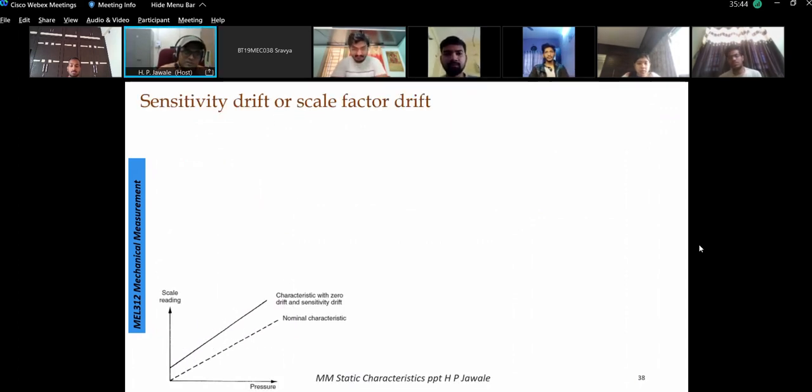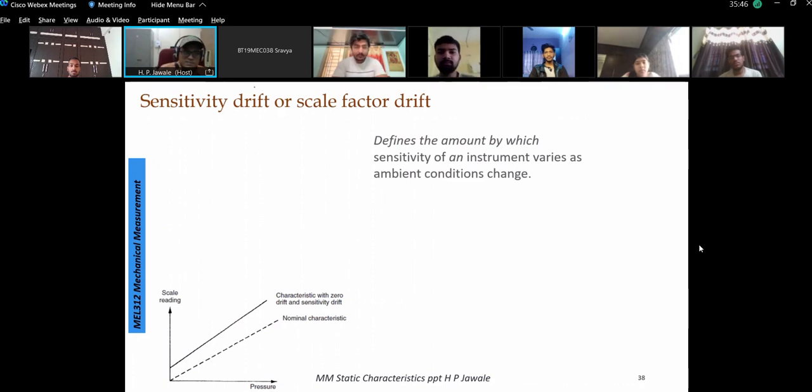Then the sensitivity drift. Let us say that the sensitivity is going to change. What is the sensitivity? It is nothing but the relationship between the input and the output. Say for example, the nominal relation is, for a given input, I should have the value of the output here. That should remain constant. So this is what is desired, that at any point of the usage, the relationship of output to the input must be constant.